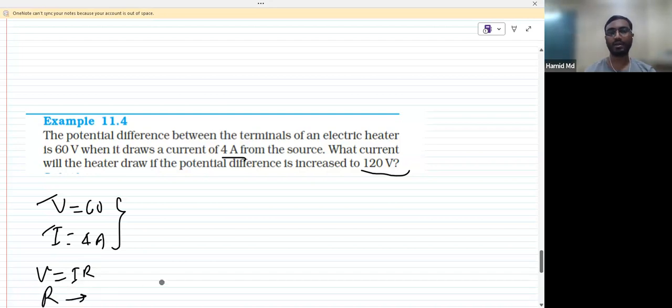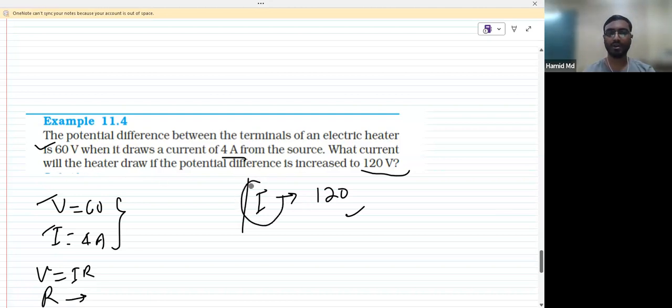Once we get R, then in the second part, the current is being asked if the potential is increased to 120 volt, from 60 to 120 volt. What current will the heater draw?